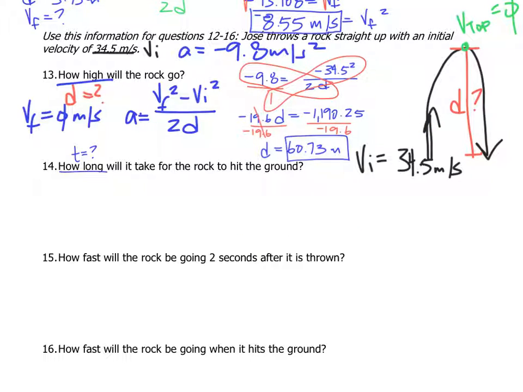Okay? So, if I know the acceleration is a negative 9.8, I know the initial velocity is 34.5, I know the final velocity is 0, and I want to find time.